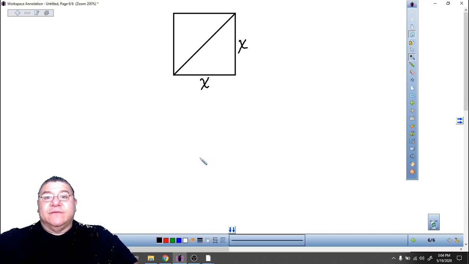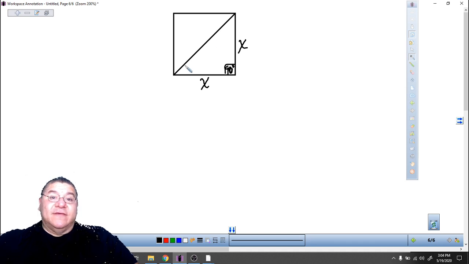So before I continue though, first of all, what is this angle right here? Yeah, this is 90 degrees. Okay. Do you agree that this corner is also 90 degrees? Yes, but since we cut it in half, now what is this angle? Yeah, that is correct, 45 degrees.